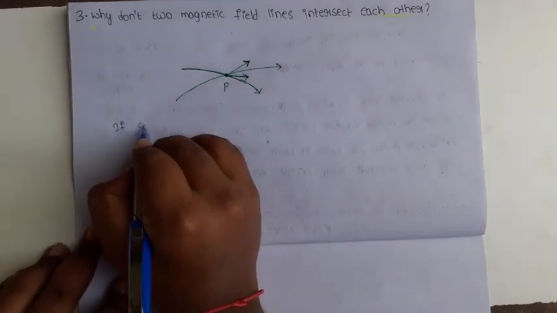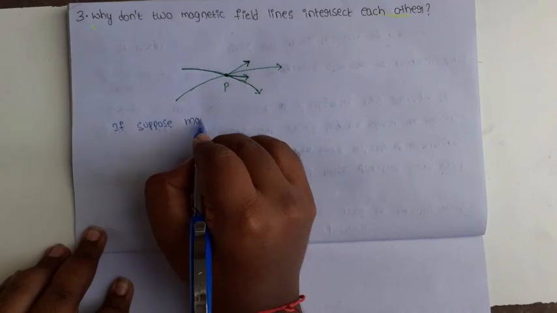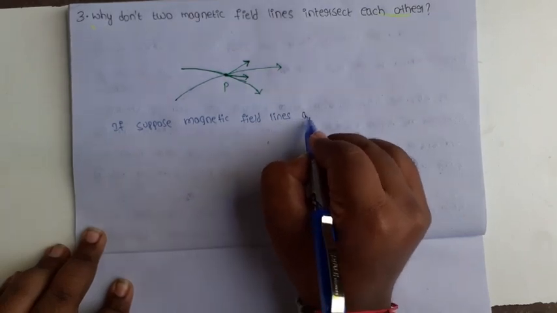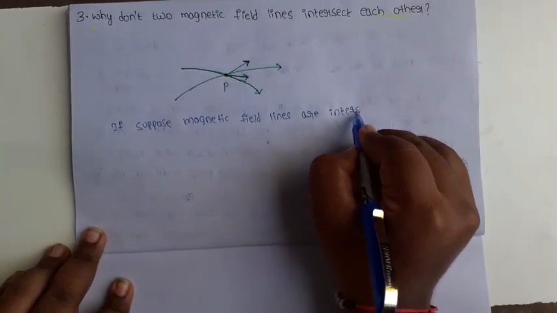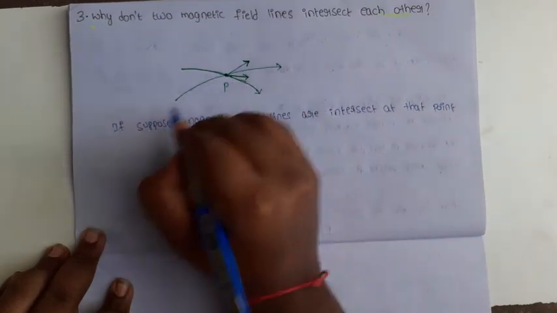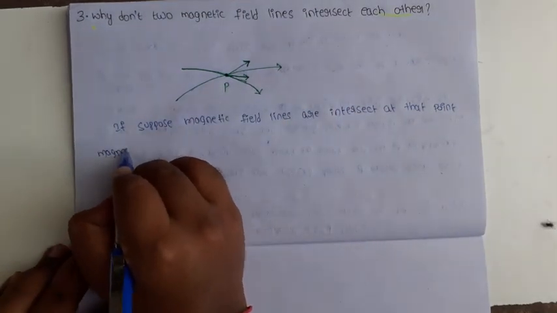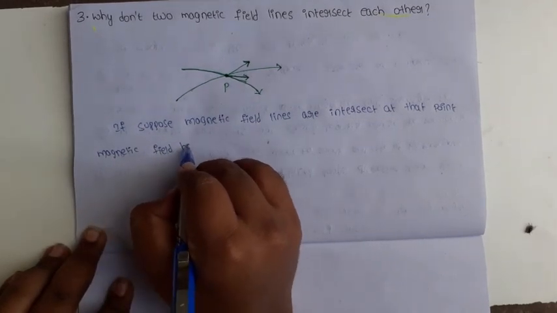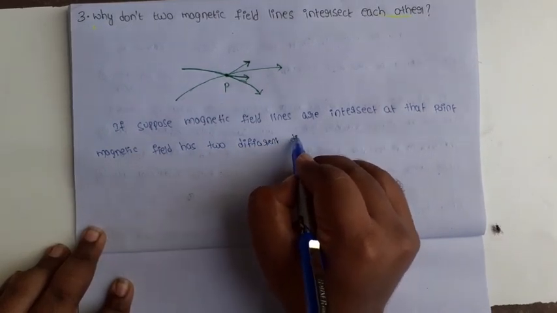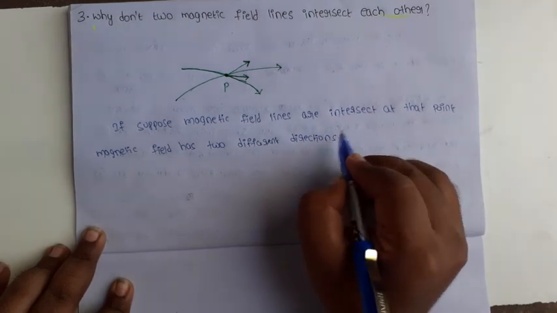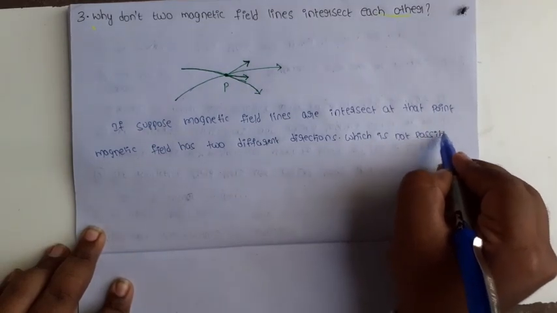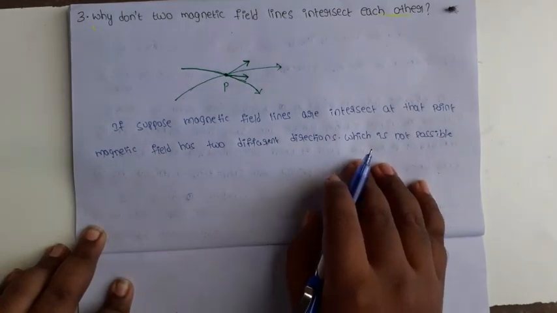Suppose magnetic field lines intersect. At that point, means this point, the magnetic field has two different directions, which is not possible because the magnetic field has only one direction.